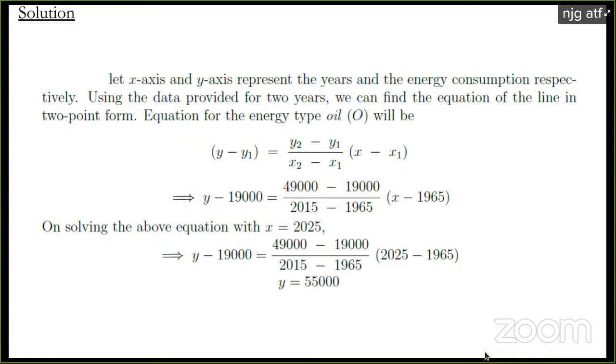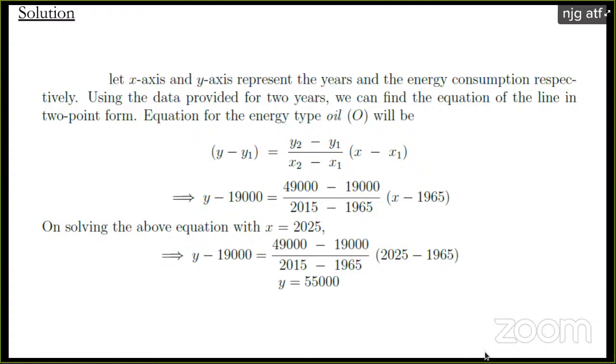If you see here, first we calculate the equation of the line which represents the energy type oil. We have 49,000 in the year 2015 and 19,000 in the year 1965.